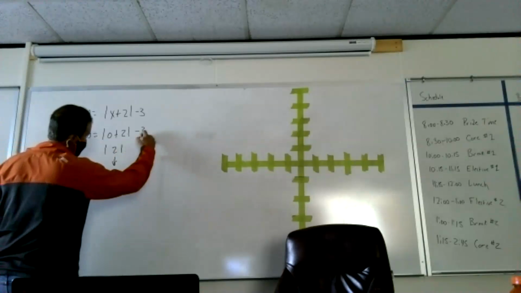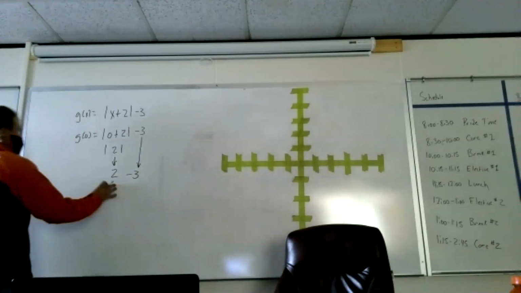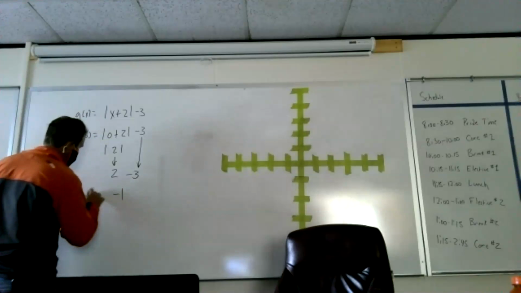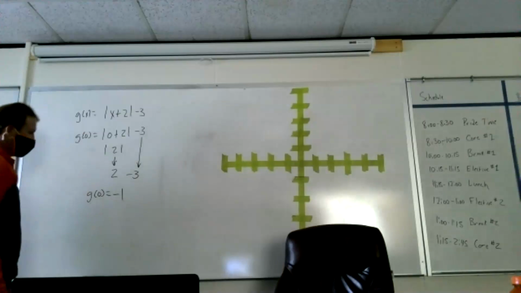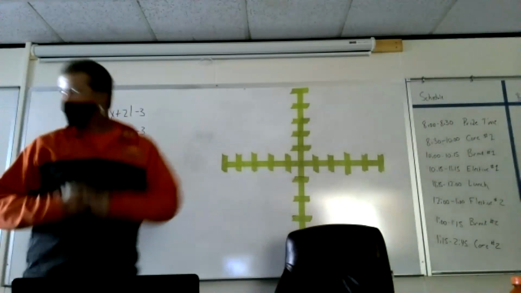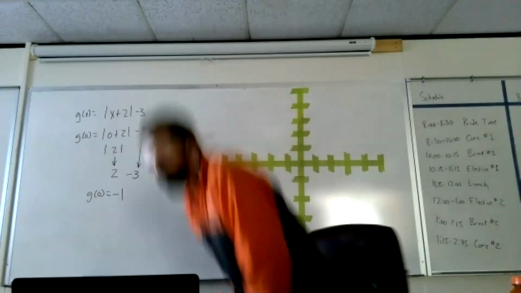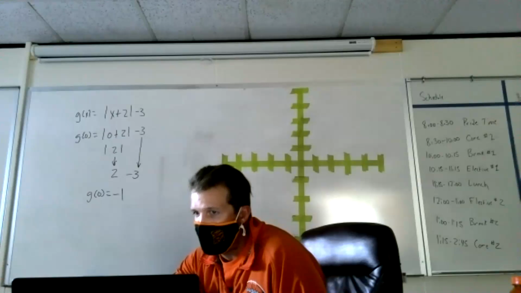And then my constant drops all the way down. 2 minus 3 simplifies down to a -1. So g of 0 is equal to -1. That's what we estimated using the graph. Now we've proven that algebraically, so we can say without a doubt that our y-intercept is -1.